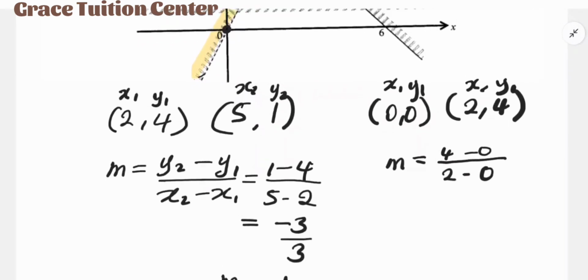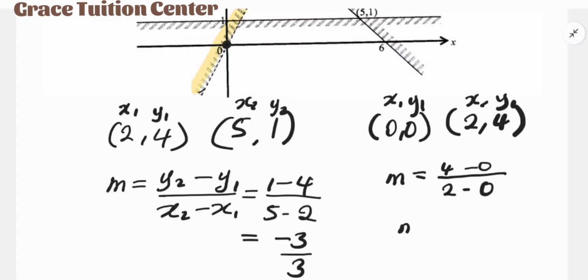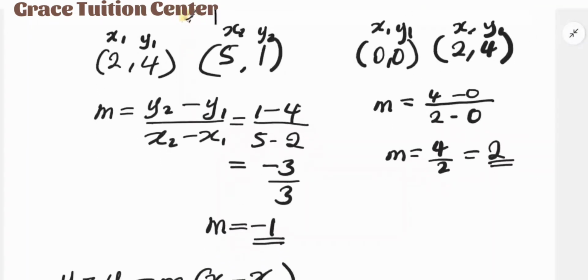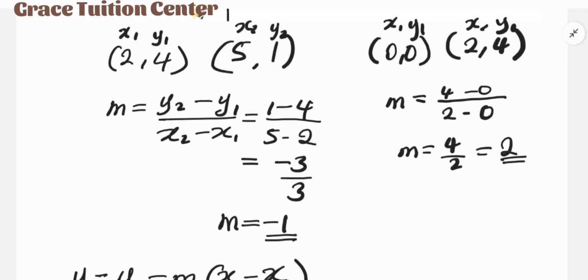So if we carry on to simplify this, we'll see that our gradient is 4 over 2, which is just a 2.